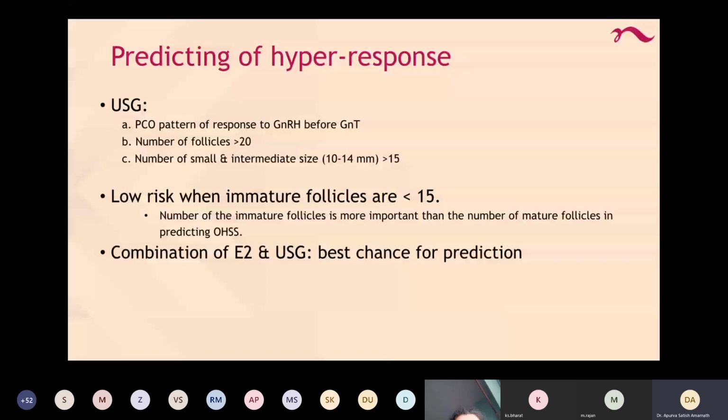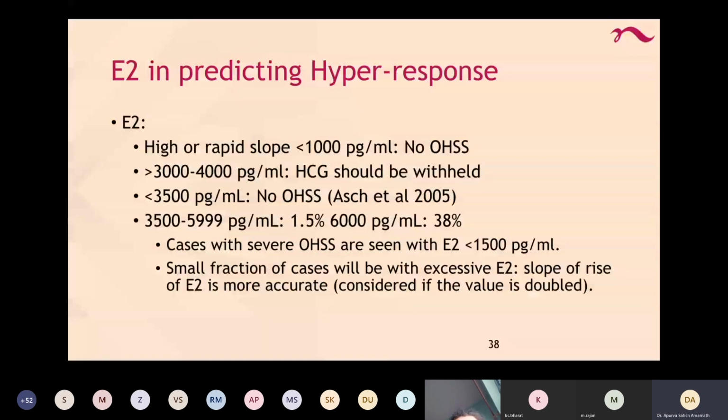So the value of estrogen in predicting hyperresponse is again variable from patient to patient, but the general rule of thumb is that there is a high or rapid slope of E2.